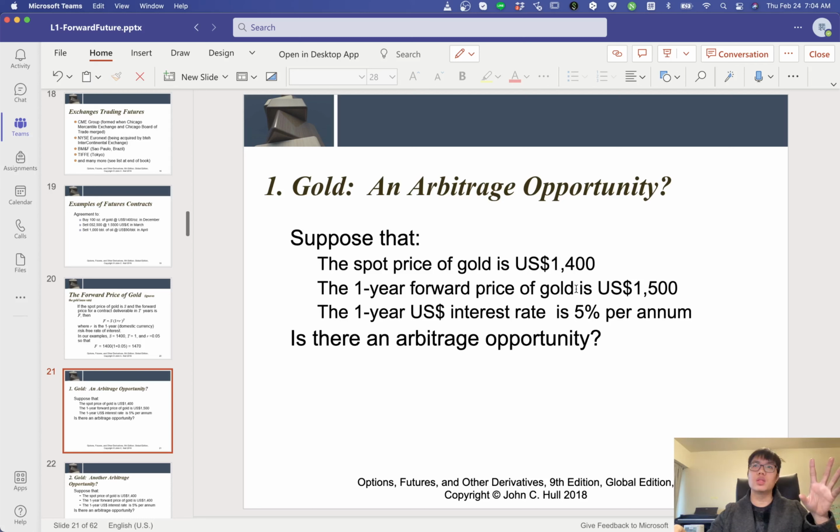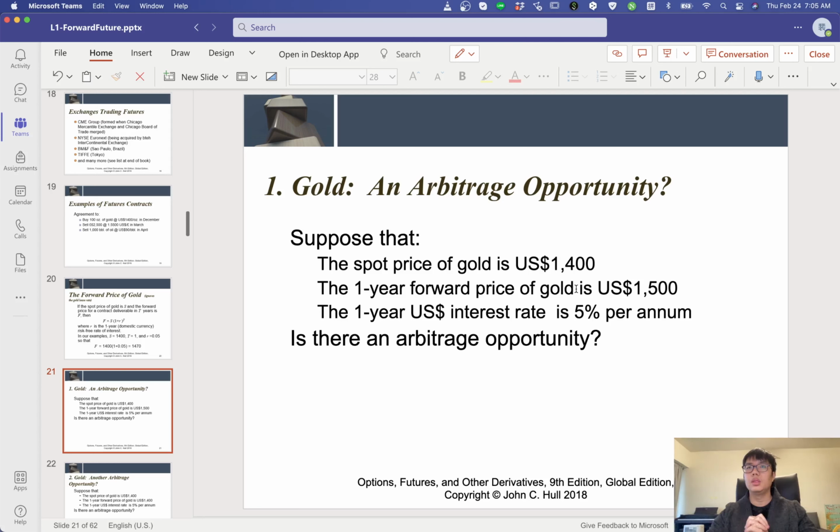We sell at 1,500, we buy the gold, and we need to pay 1,400 now. But remember that the revenue from the forward contract, you need to wait until 1 year later. But you need to pay $1,400 in the gold spot market now. So where's the money to pay for the spot gold?